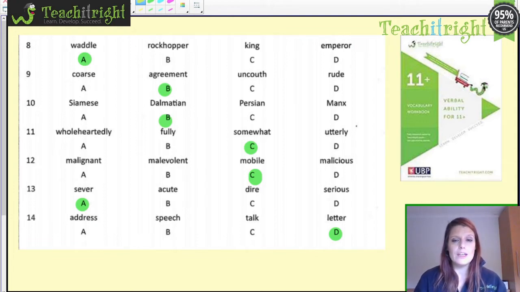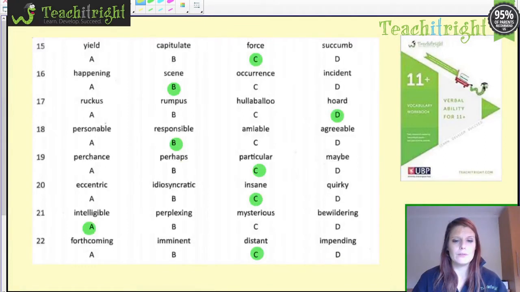And then number 14, you can write a letter, but the others are all ways of speaking. You may give an address to the nation. You may deliver a speech or simply talk. And then 15 is a force.